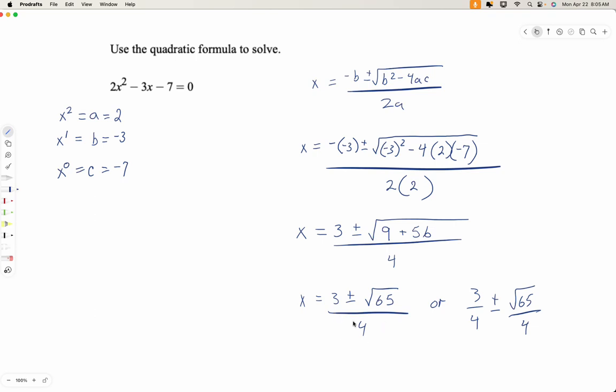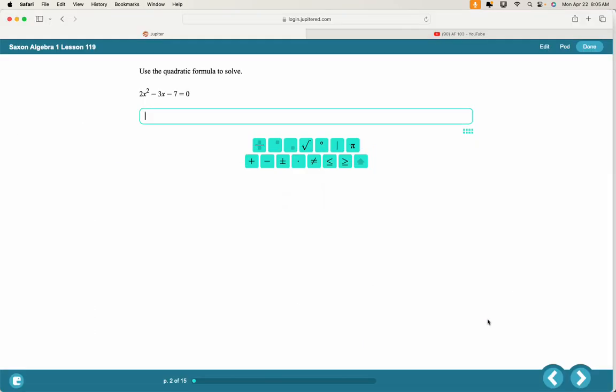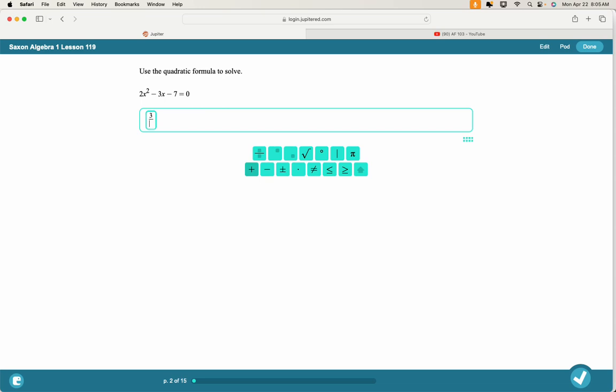So we worry about solving it first, and then we worry about format. So let's type that in. Excuse me, I got hiccups. So we would put in 3 over 4 plus or minus square root of 65 over 4. Okay, and that would be correct.